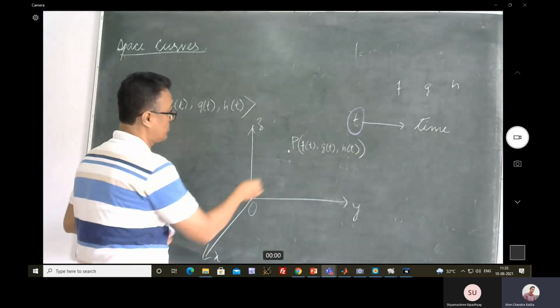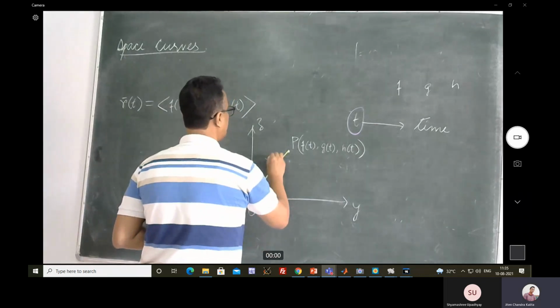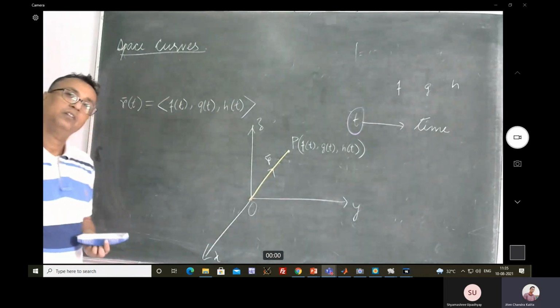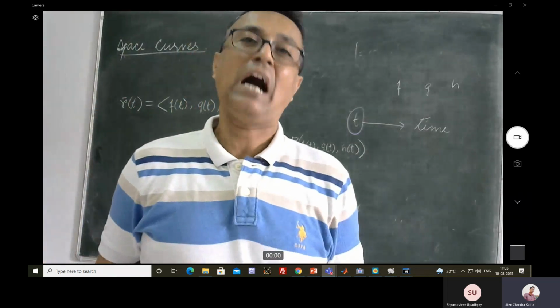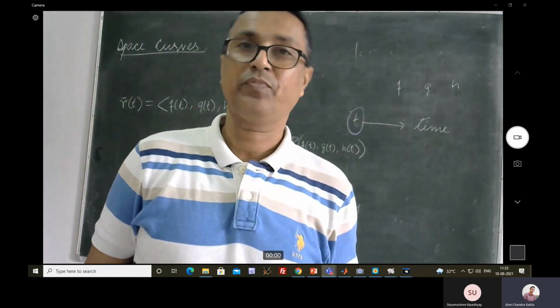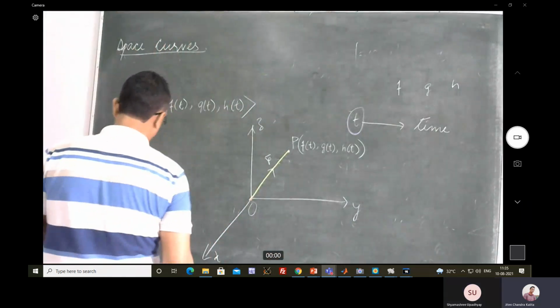And you know that this OP is nothing but my vector R. Fine. So this is the way I can relate this vector-valued function R in three-dimensional space.